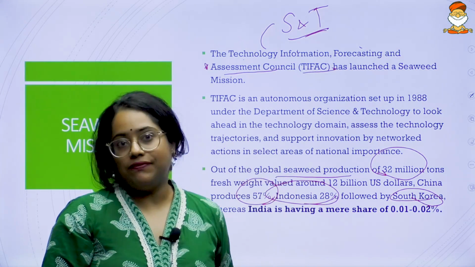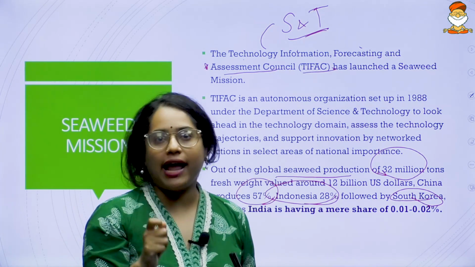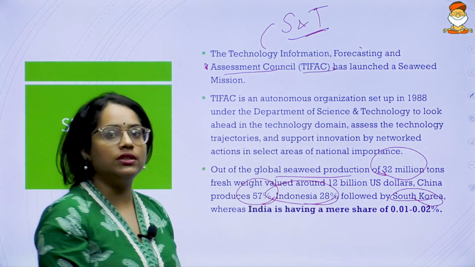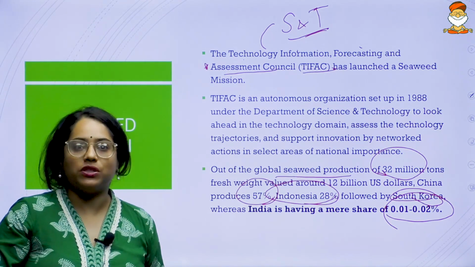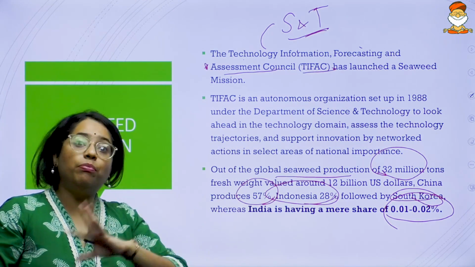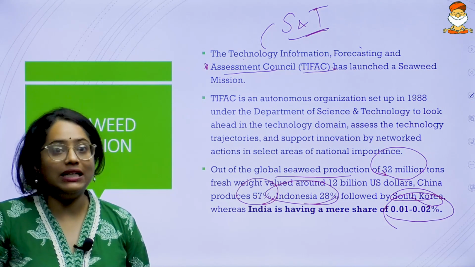So using the seaweed mission, we are now planning to enter, and India's share right now in seaweed production is a mere 0.01, 0.02%, which means we can now push it even further. That is why we are now launching the seaweed mission.